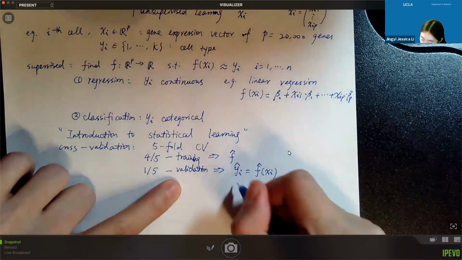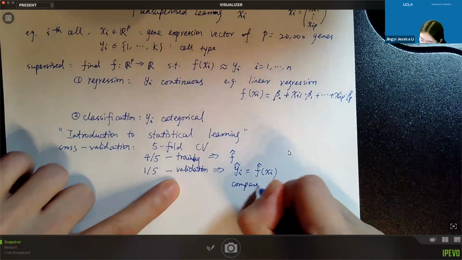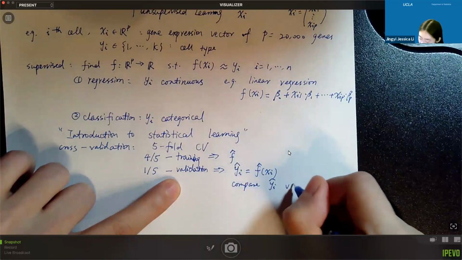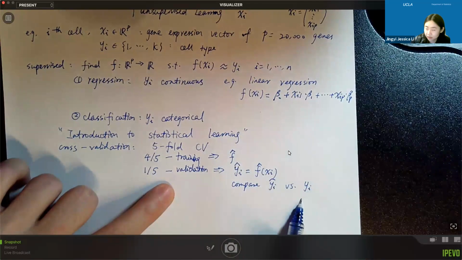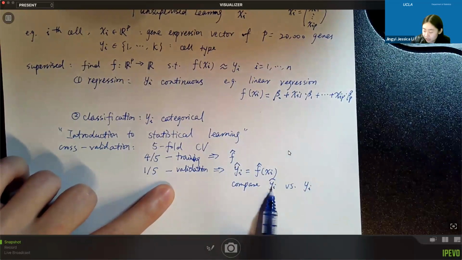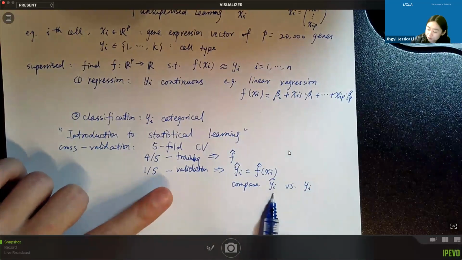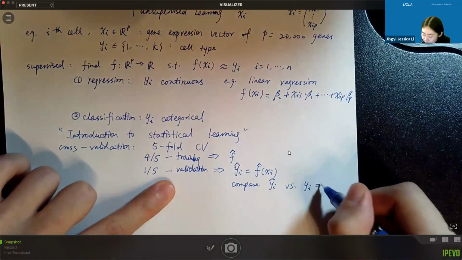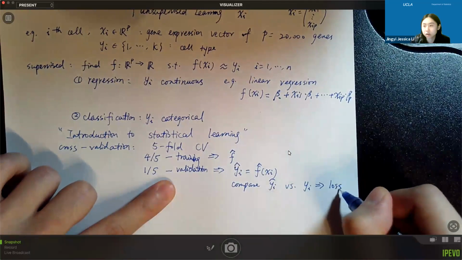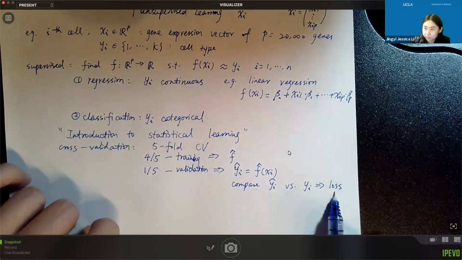Then you compare yi hat against the real yi, the real responses in the validation cohort. So hopefully these two are close to each other for every i in the validation cohort. So you're going to summarize this into something called prediction loss. And the smaller the loss, the better.